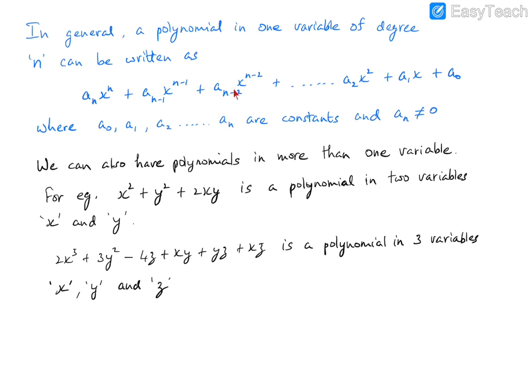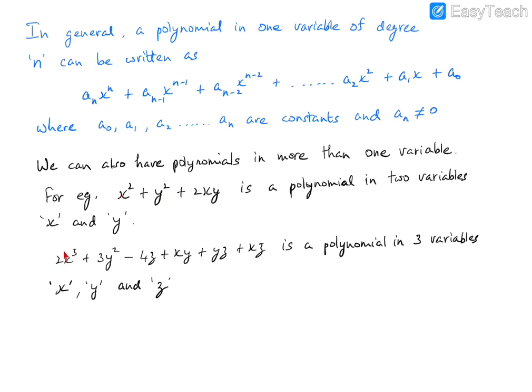So in the previous cases we had only x or y involved, but in a single expression we have both x and y. So it is x squared plus y squared plus 2xy. So there's a combination of x and y within the same polynomial expression. So we call this a polynomial in more than one variable. In this case it is a polynomial in two variables, because we have two variables. One variable is x, the other variable is y, and we have an expression using both x and y.